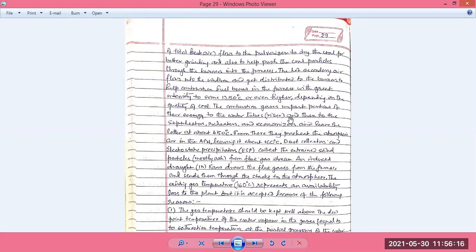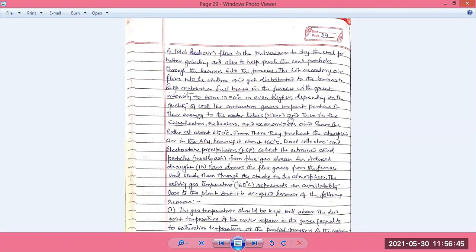So what we are finding here is, first we have to receive the air, which is at atmospheric temperature, then we have to preheat the air up to a certain temperature, so that a portion of it, 30%, is sent back for drying the coal, the fuel, as well as the coal dust, which we can feed very easily to the furnace for quick, immediate burning.